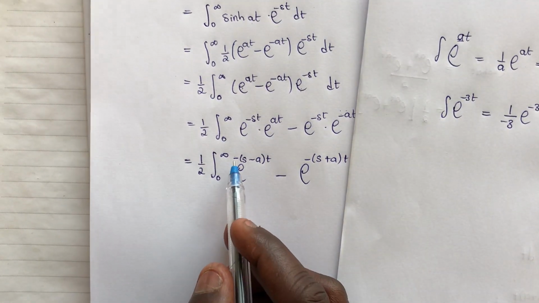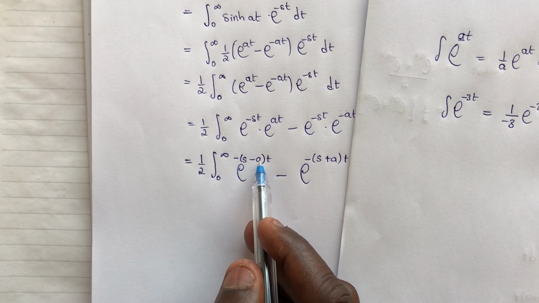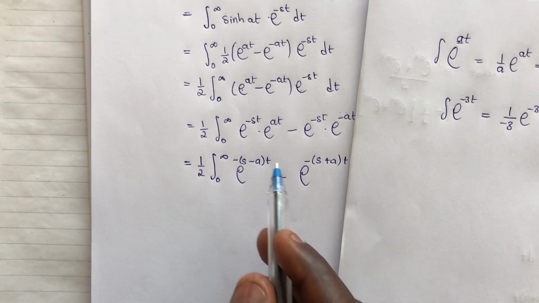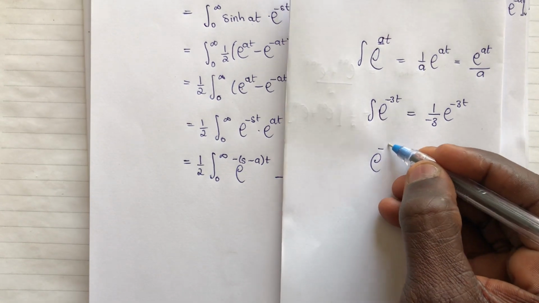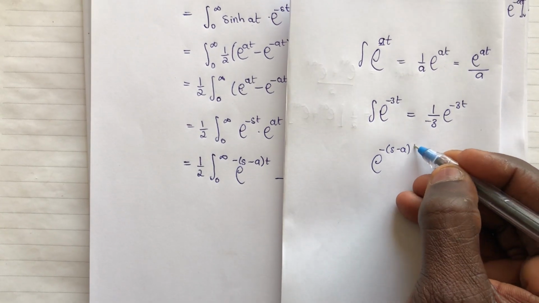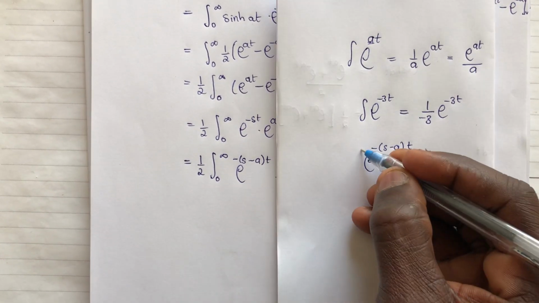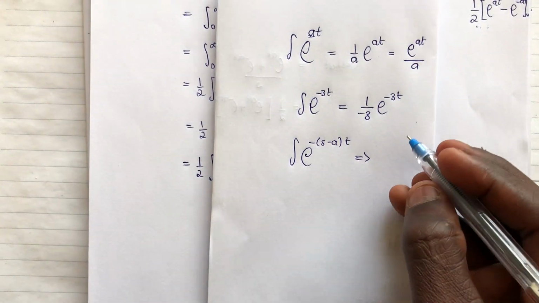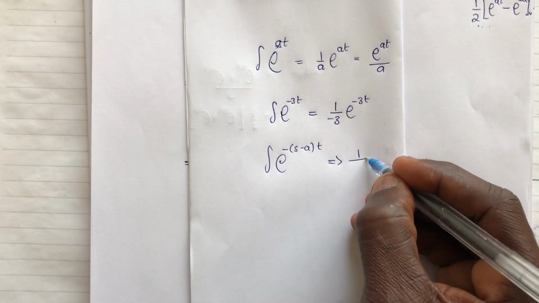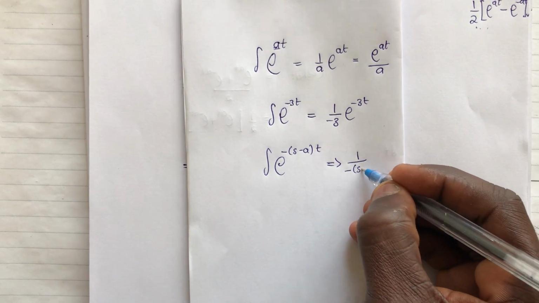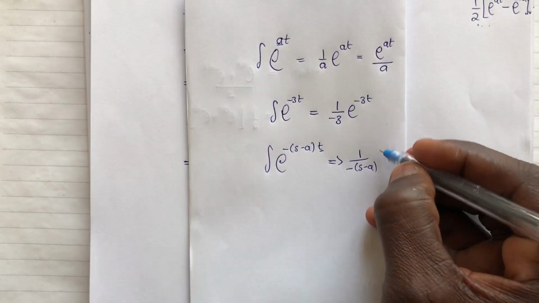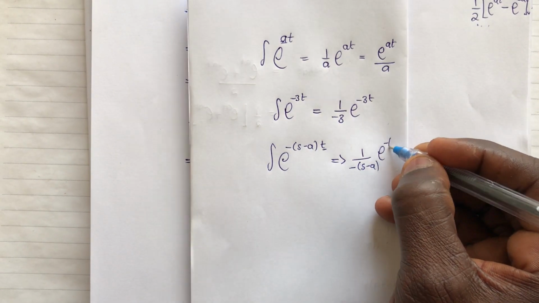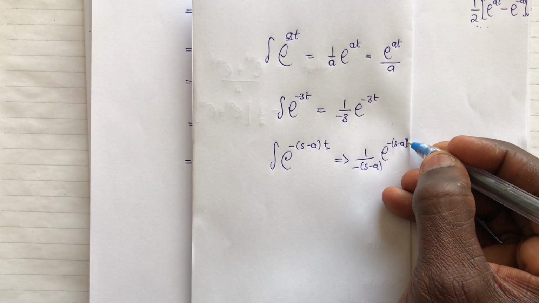Now in the function, we have minus s minus a as our coefficient of t, so we repeat the same process there, e^(-(s-a)t). So the integral of this is going to give us 1 over negative (s minus a), whatever that is, multiplying the variable t, then we raise to the same power, minus (s minus a) times t.